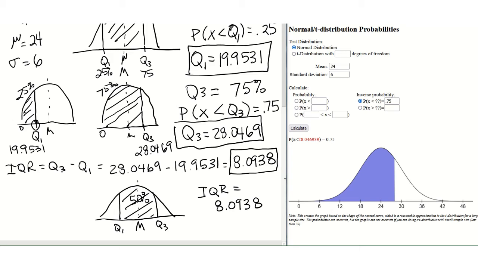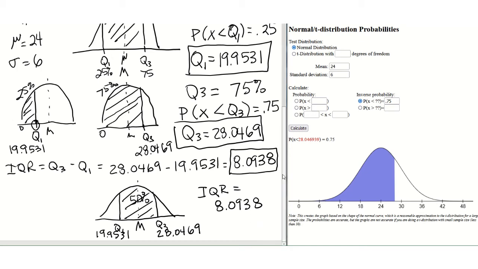So that tells me that the values between my Q3 and my Q1, so my Q3 was 28.0469 and my Q1 was 19.9531, that difference is 8.0938. So if you get an IQR problem, this is how you're going to solve it.